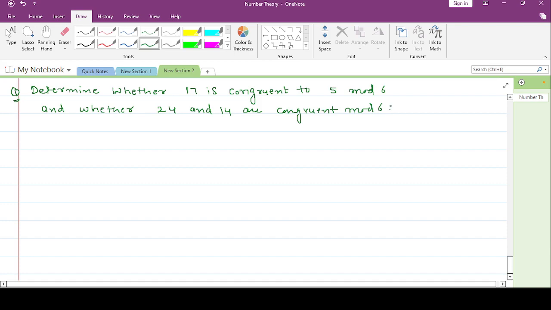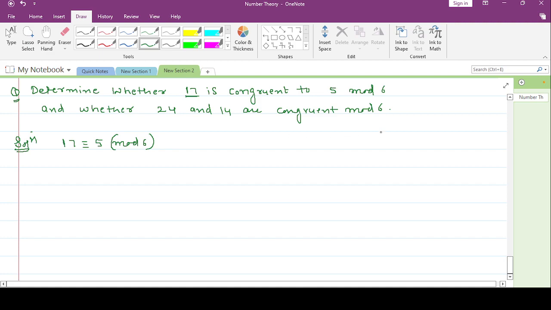So this we want to check. It is very easy to check this. Solution: see here, what you are given is whether 17 is congruent to 5 under modulo 6 or not. Okay, so it is very easy.